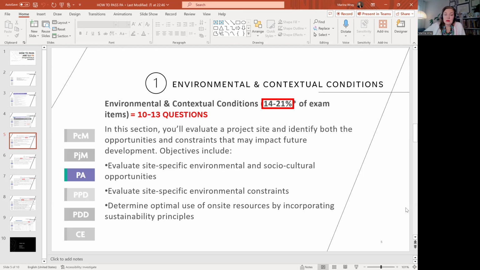So that's roughly 10 to 13 questions. Here you'll evaluate the project site and identify both the opportunities and constraints that may impact future development. And there are three objectives here. So one is you'll evaluate site-specific environmental and socio-cultural opportunities.